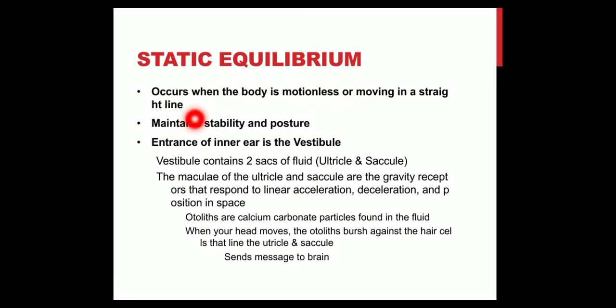It maintains stability and posture. In terms of the inner ear, it is the vestibule. The vestibule contains two sacs of fluid, the utricle and saccule. The maculae of the utricle and saccule are the gravity receptors that respond to linear acceleration, deceleration and position in space.